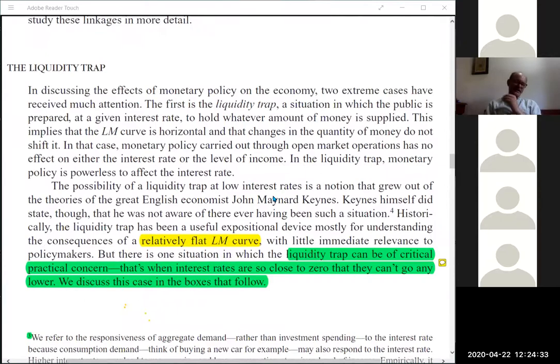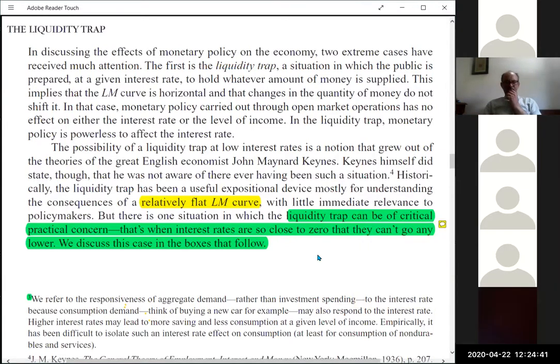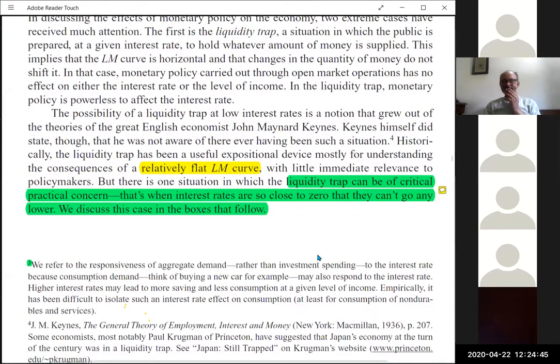Look at the liquidity trap. Something which is being said here is, I think, completely wrong.